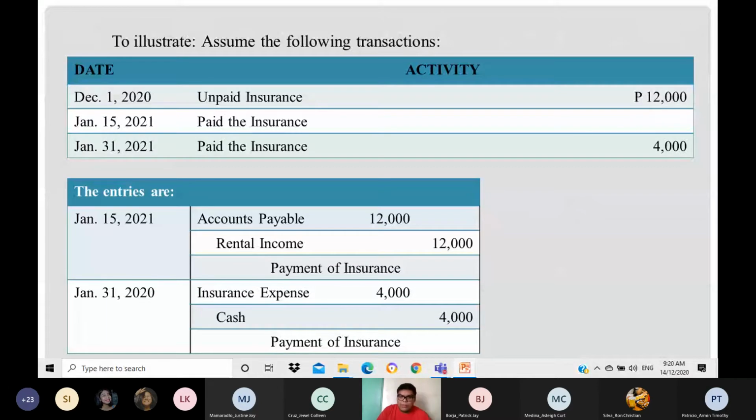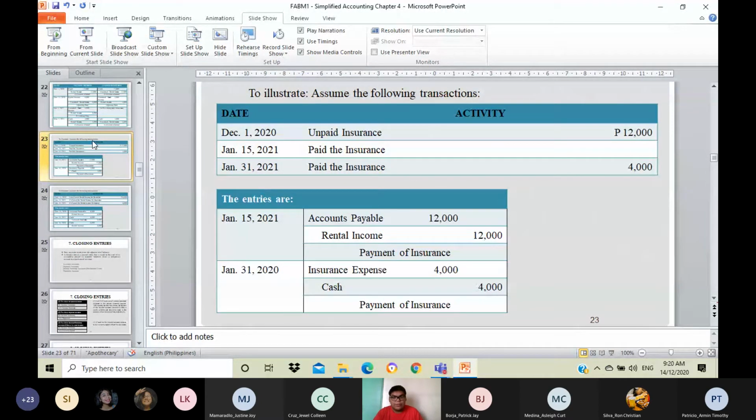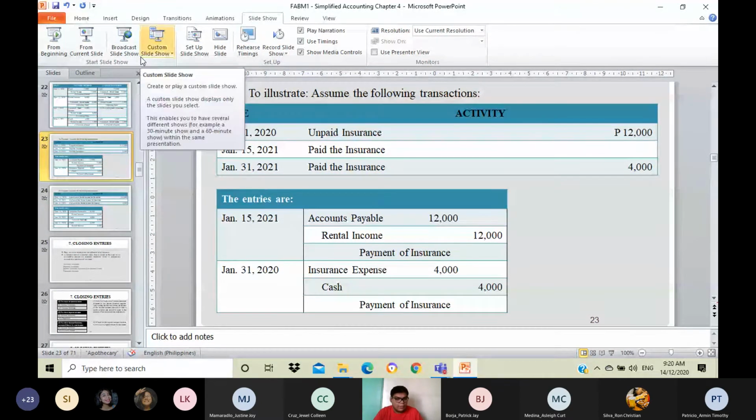So, adjust ko na mamaya. Okay. So, December 31, nag-debit ka ng insurance expense, and then credit siya as accounts payable.